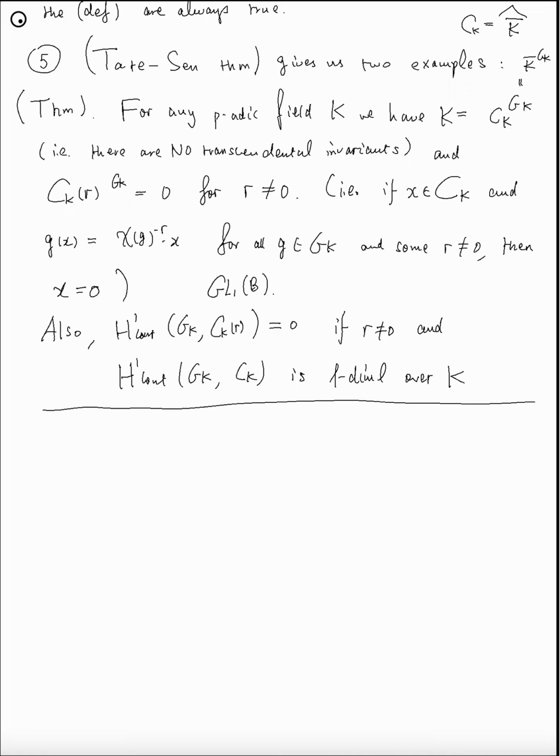This is telling that there are only trivial C_K semi-linear continuous representations. Okay, there is only the trivial one and the canonical one-dimensional C_K representation, continuous and semi-linear, right?